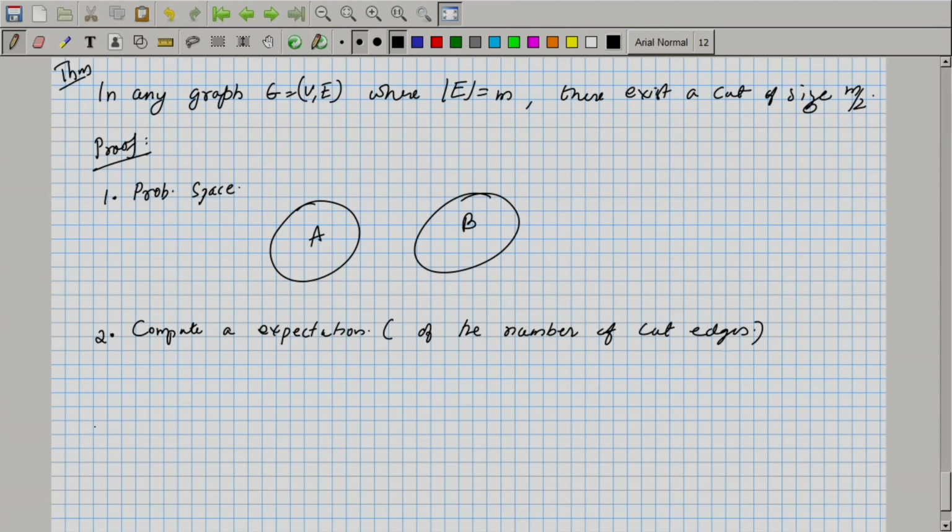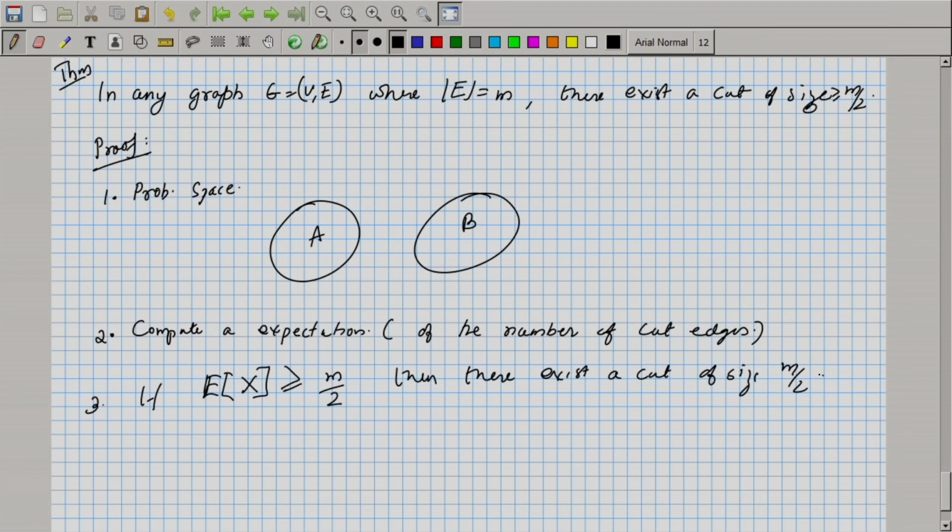Okay. And then we can reason that if x is a random variable which denotes the number of cut edges, if expectation of x is greater than or equal to m by 2, then there exists a cut of size m by 2.